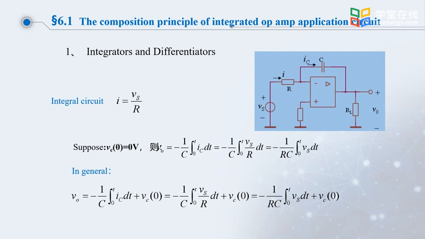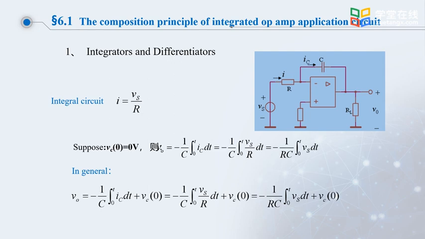Then we extract R, so it is negative 1 over RC, multiplied by the integral of Vs over time t. So you can see the voltage VO at the output is equal to negative 1 over RC multiplied by the integral of Vs over time t. In this way, the output voltage realizes the integral calculation of the input signal voltage.